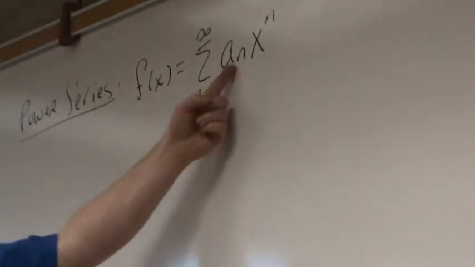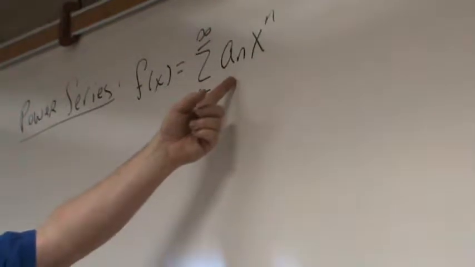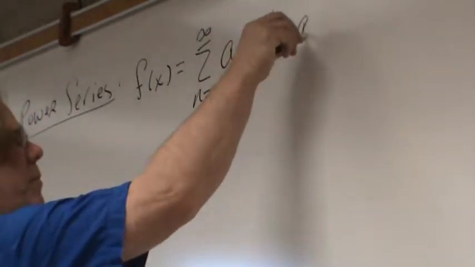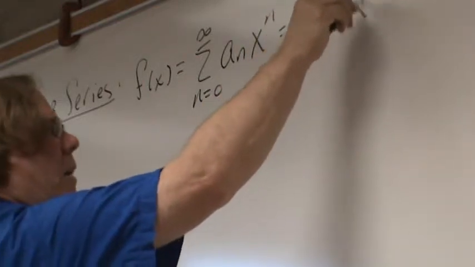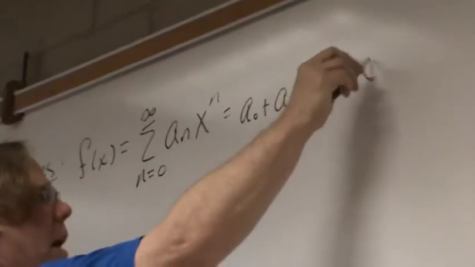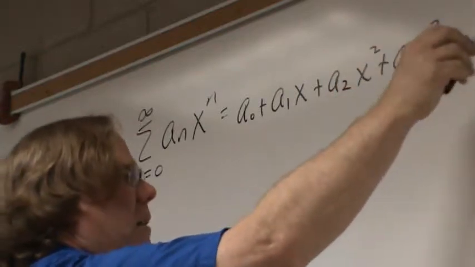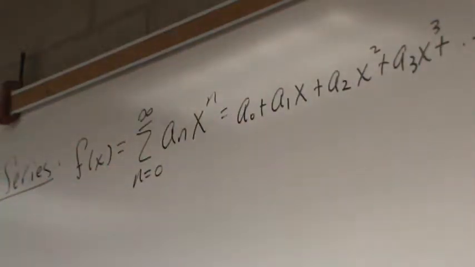And those coefficients are given by the sequence a sub n. So if I wanted to write this out, this would be a naught plus a1x plus a2x squared plus a3x to the third plus dot, dot, dot, forever and ever and ever. An infinite polynomial.